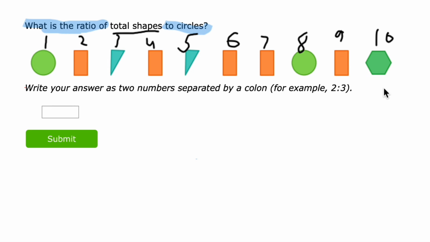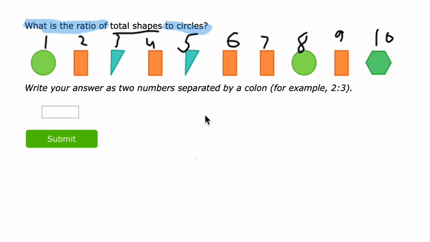Now, after you've figured this out, fun fact: it's not always going to ask total shapes first. I hope you know that. But every time, after you've counted what the question asked you to count, the first thing you need to write down is whatever the answer was.